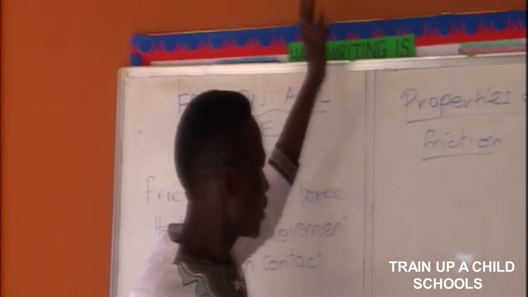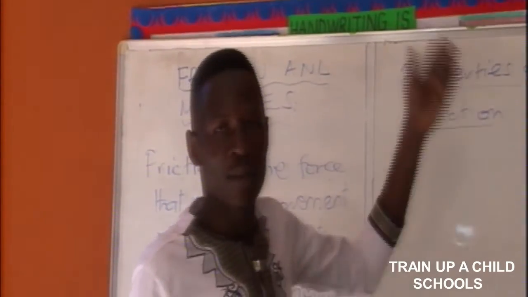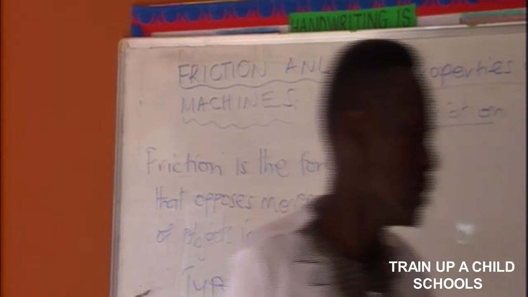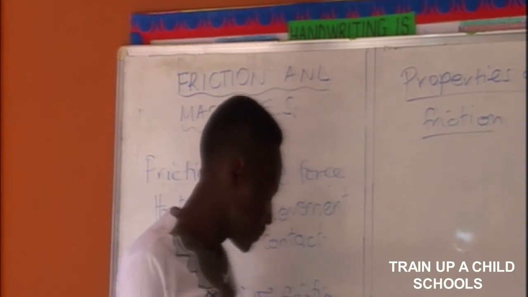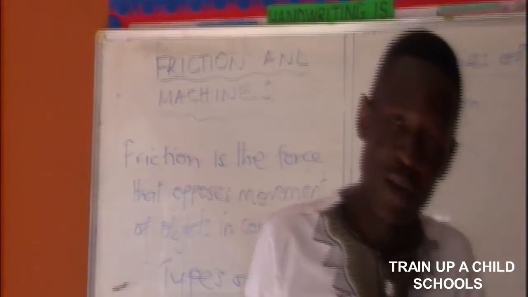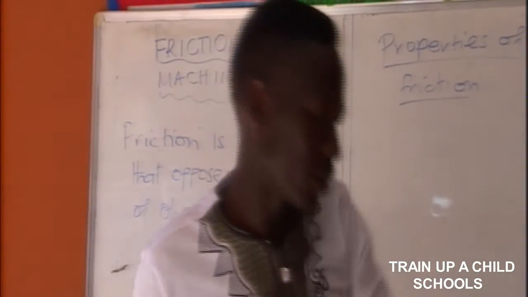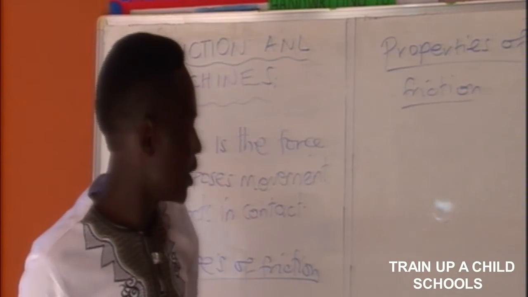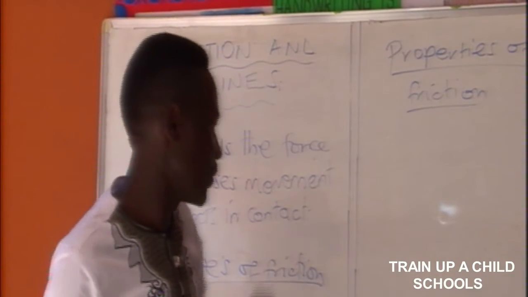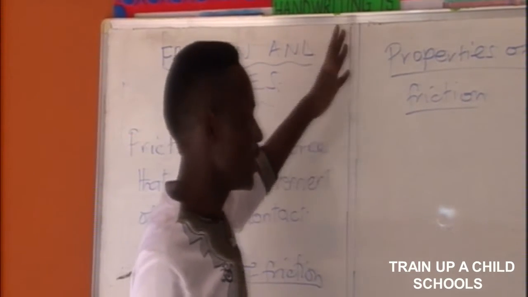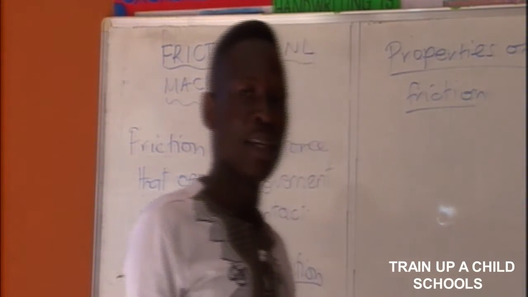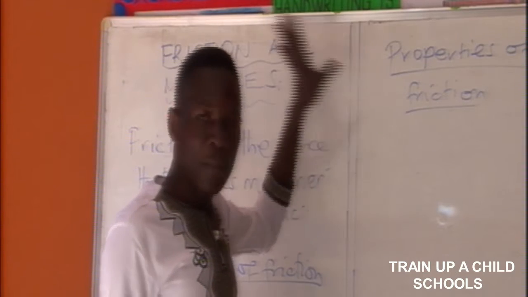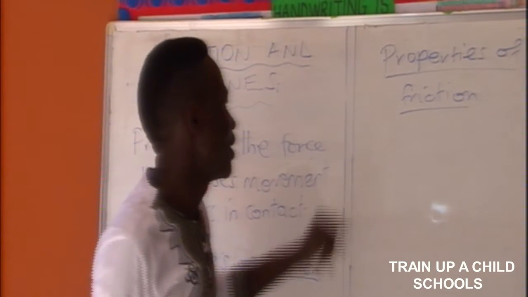The last property is the greater the load, the greater the friction force. If you have too much load and you're trying to overcome it, friction will be much more.